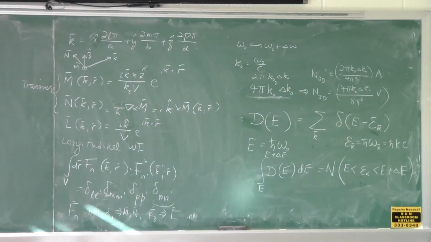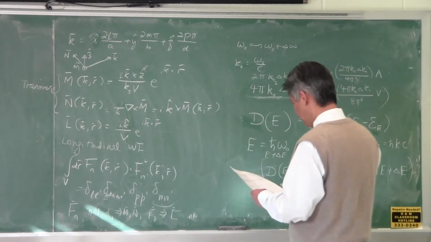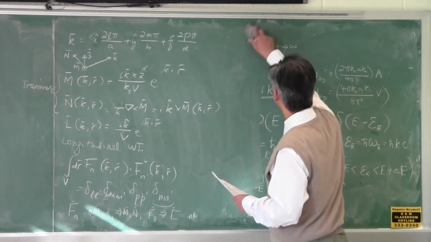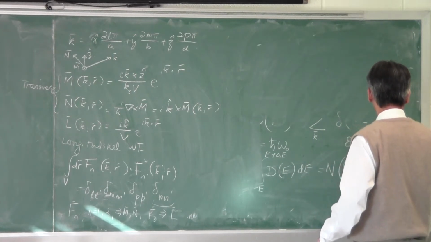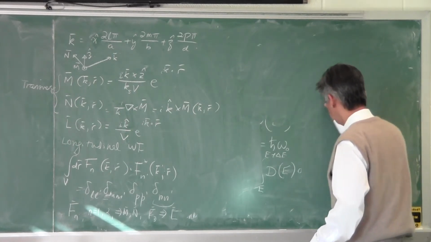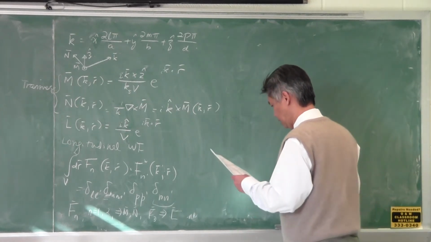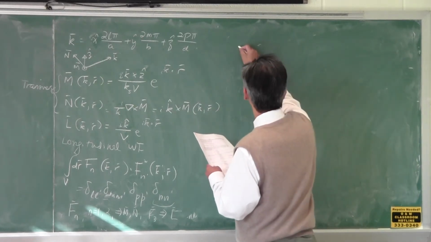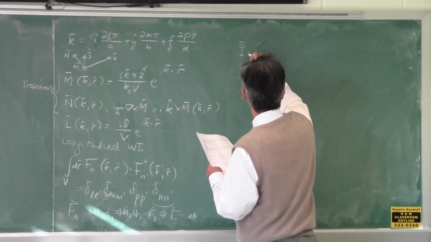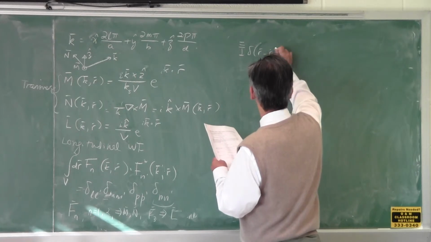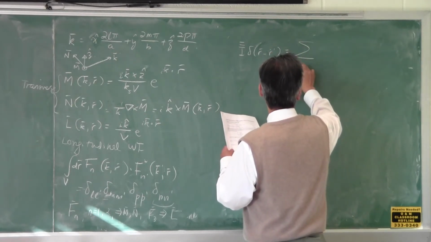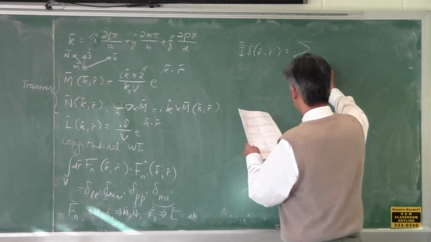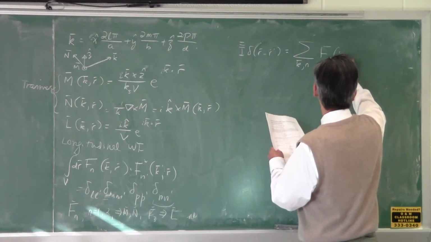Just a very shorthand notation. Then I can use the fact that they are complete and orthonormal to define an identity operator very easily. You can derive it yourself too, but the identity operator is just the outer product of all these vector wave functions, which form a complete set.